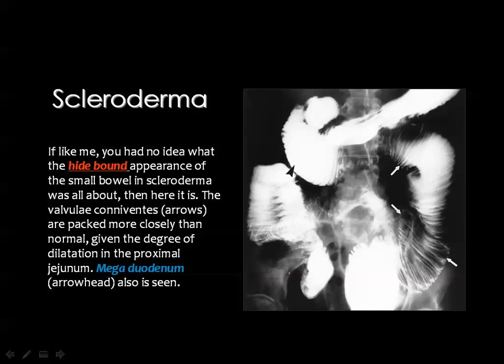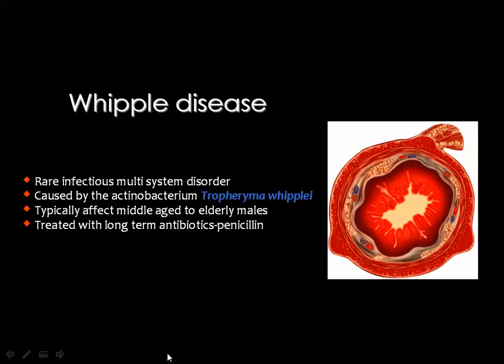Then you can see these are the bowel loops affected by scleroderma in the proximal jejunum, as has been said, and you see the prominence of the mucosal folds, and you see atony or dilatation of the proximal jejunum, as well as the duodenal loop, known as megaduodenum.